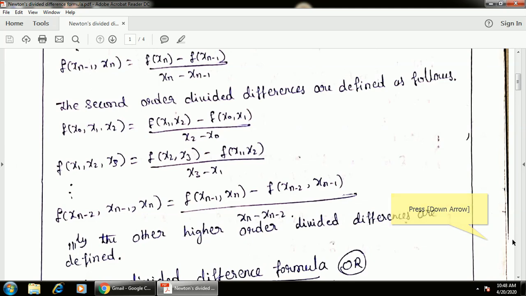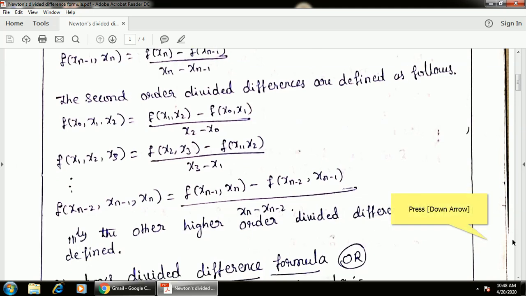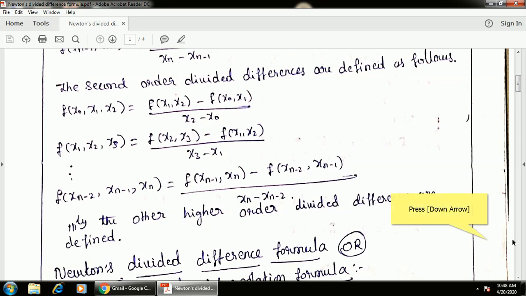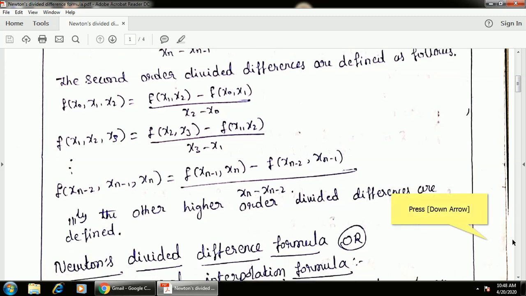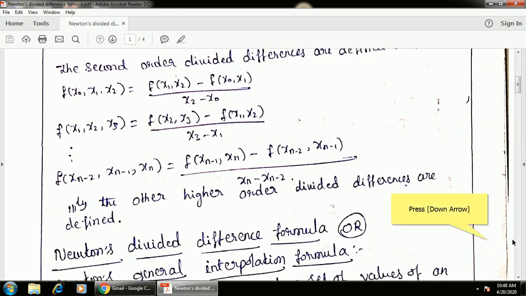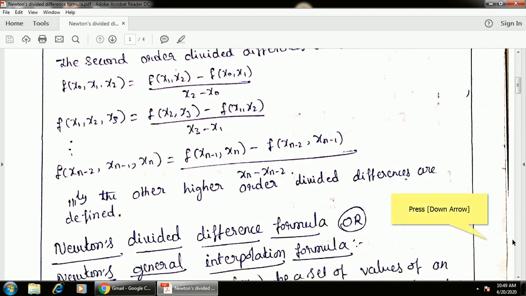Second order divided difference of the function at x0, x1, x2 is f of x0, x1, x2 and is defined as f of x1, x2 minus f of x0, x1 divided by x2 minus x0.